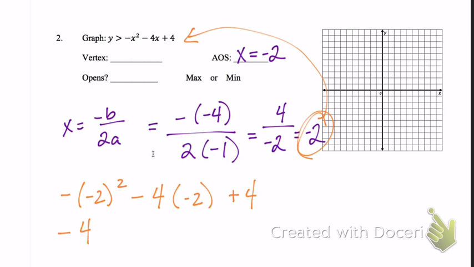But then with the negative in front of it, it's now a -4. Plus 8 plus 4. Which gives me 12 minus 4, which is 8. So I have a vertex at -2, 8.